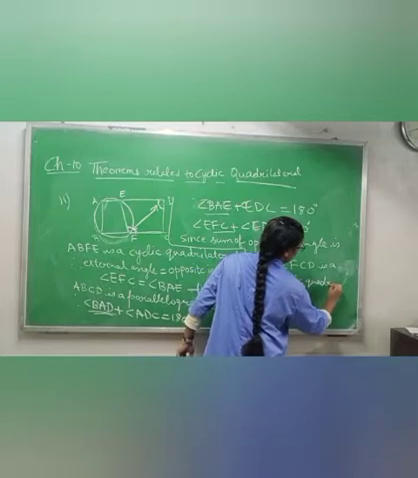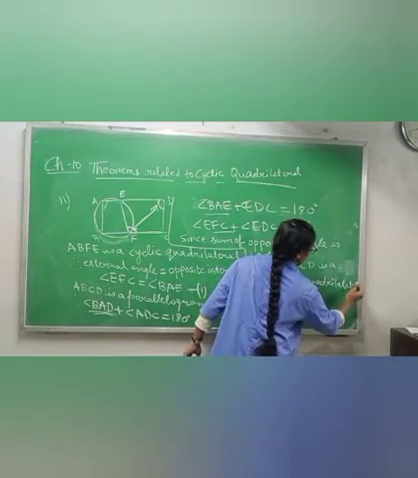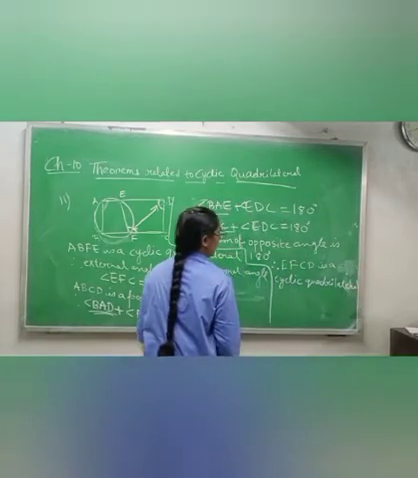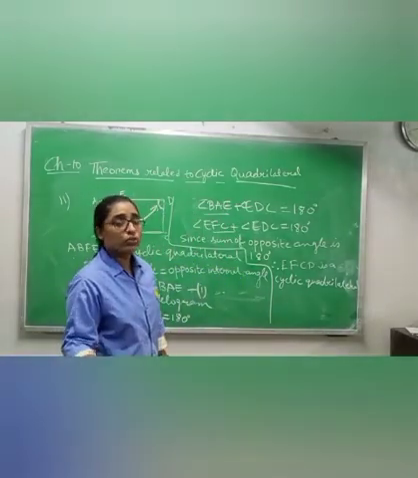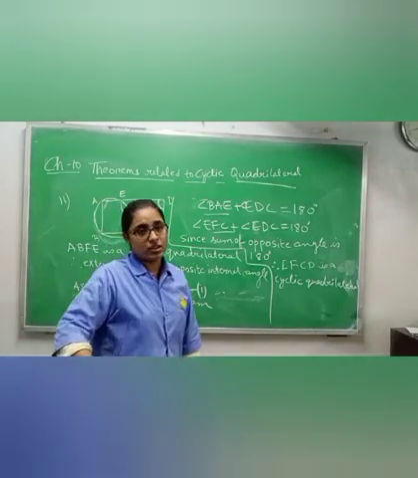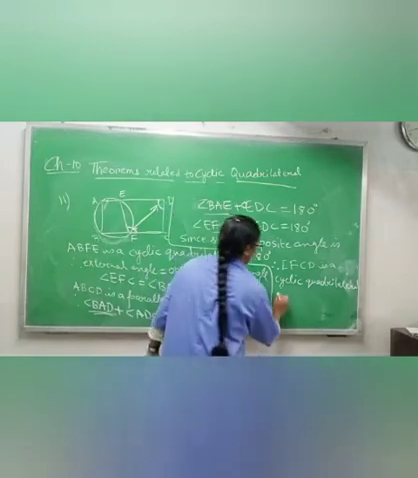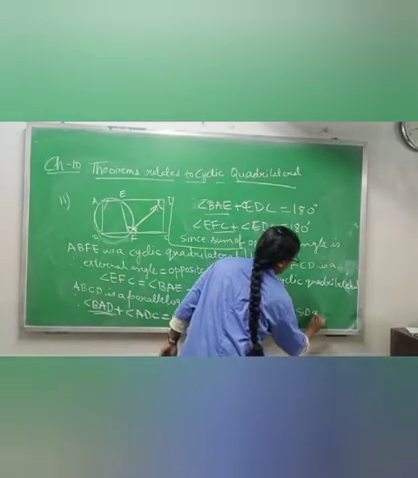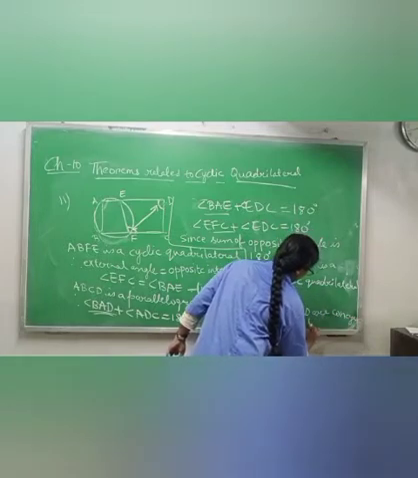If it is a cyclic quadrilateral, we can say also EFCD is concyclic, because what is the definition of concyclic? The set of points which lie on the same circle is known as concyclic. So we can say that EFCD are concyclic. Okay, concyclic.